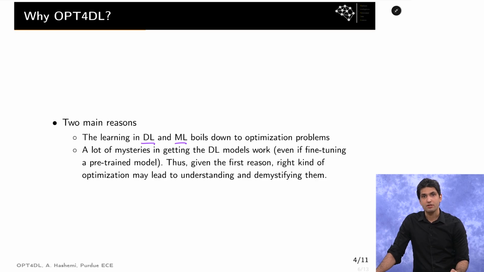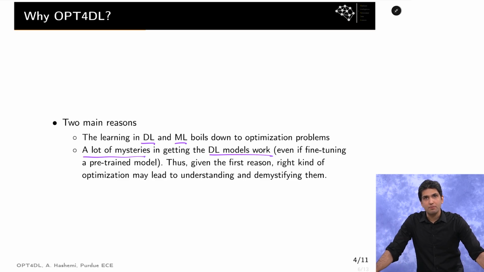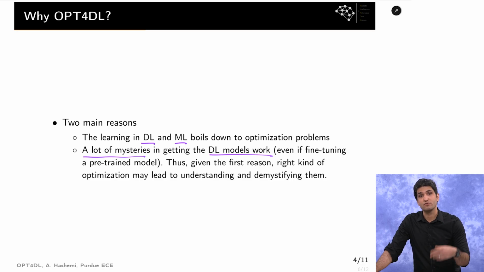And naturally, optimization theory has a lot to say about that. The second reason is that there are a lot of mysteries in getting deep learning models to work. And this applies not only if you want to train a model from scratch, but also if you have access to some model that you want to fine-tune to your specific needs.